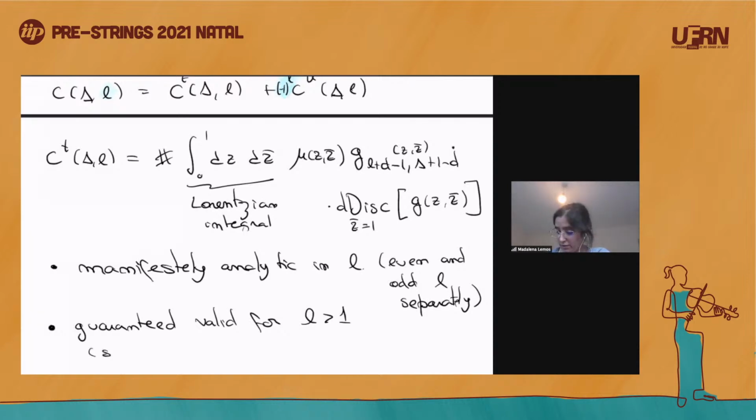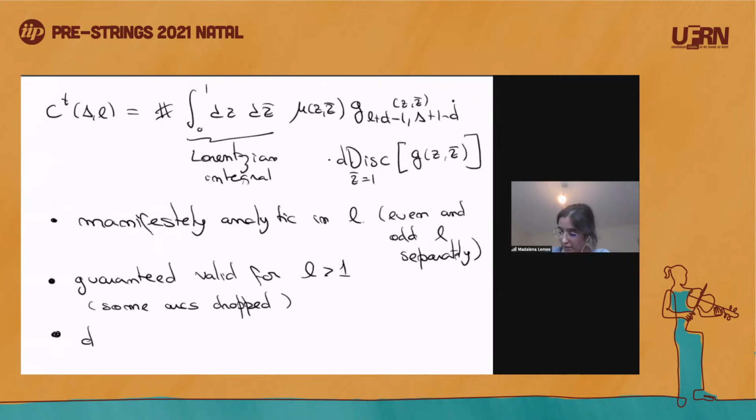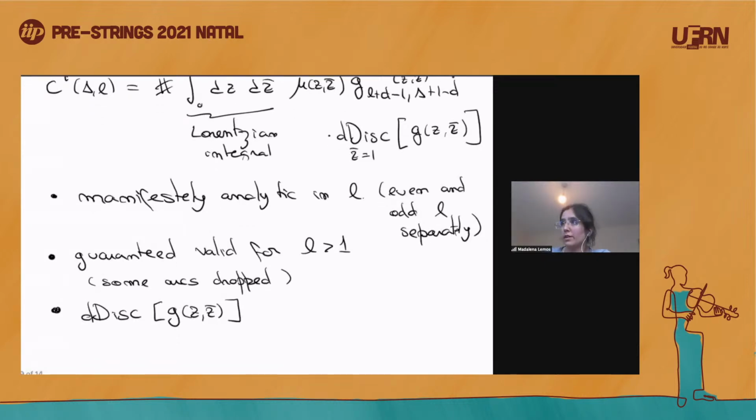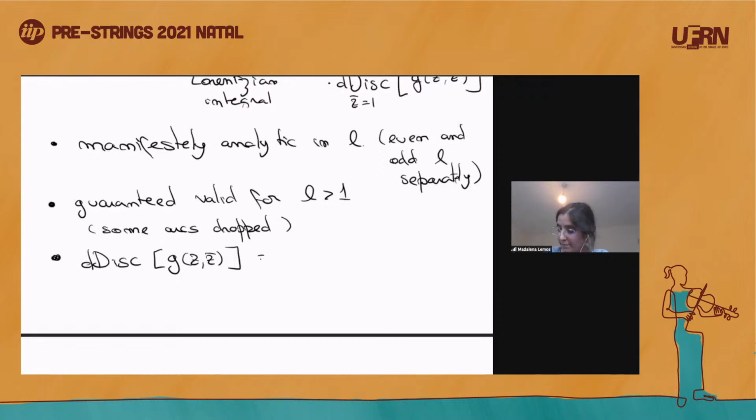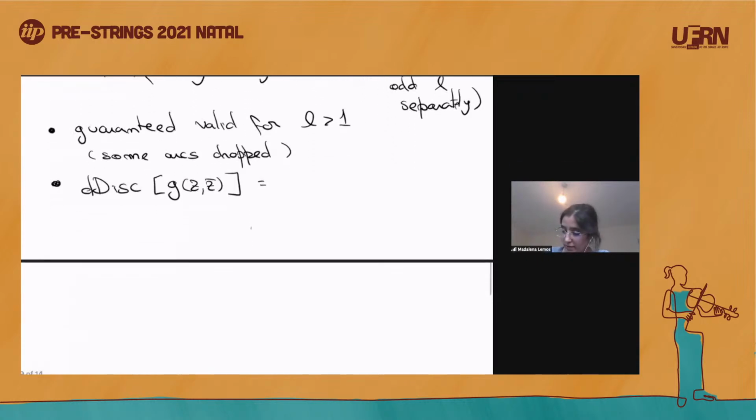And then the thing I need to introduce is that this D disk appeared. So what is this D disk of G? Let's think about the complex Z bar plane.